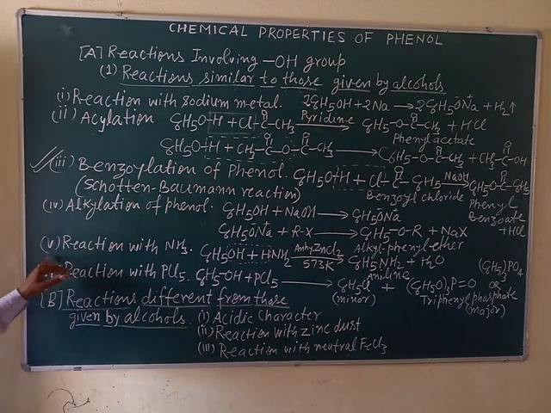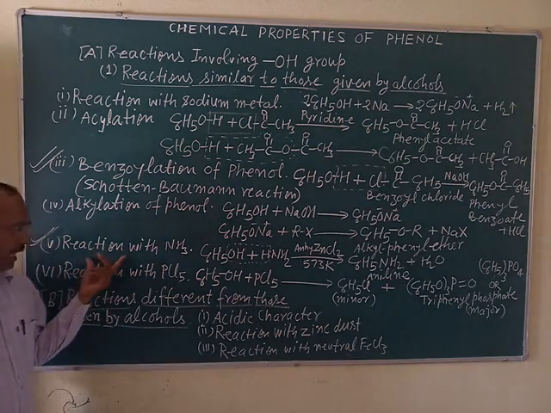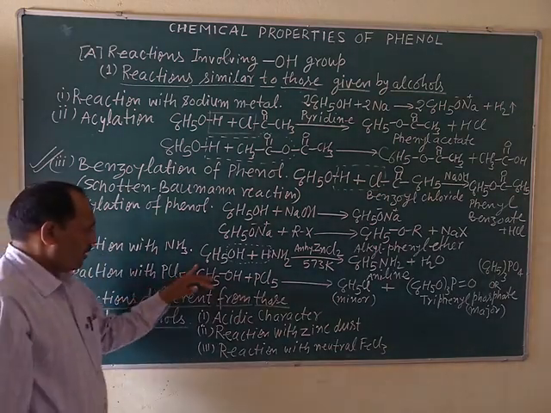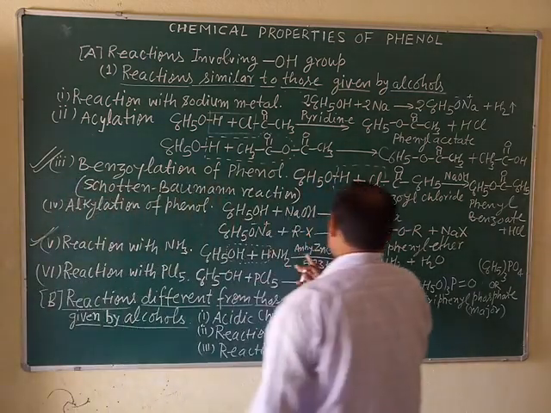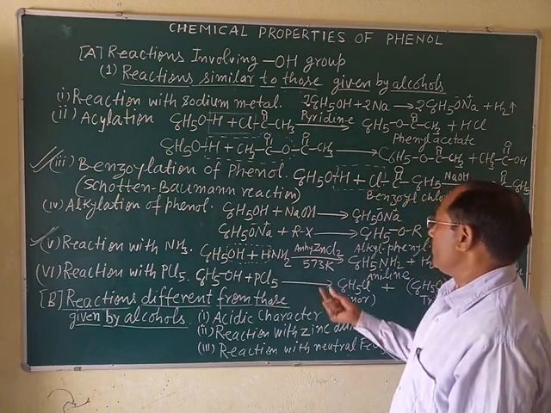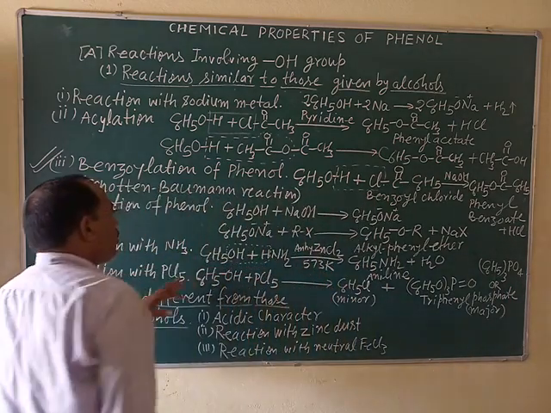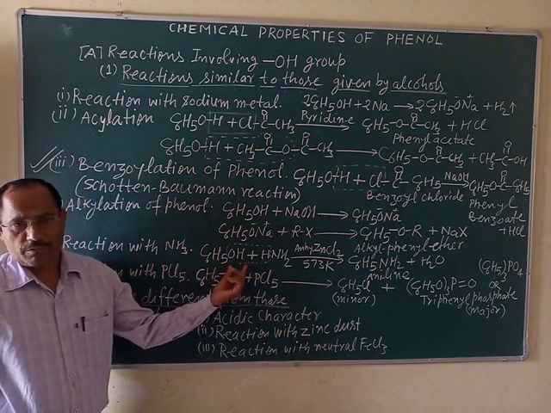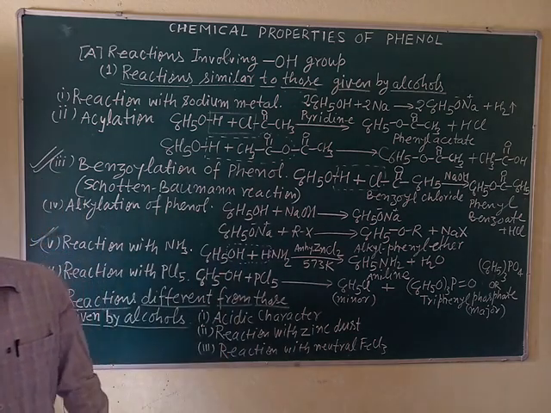Next, reaction with ammonia. It is also a very important reaction. Phenol, when treated with ammonia in presence of anhydrous zinc chloride at 573 Kelvin. Just like chlorobenzene, removal of OH from phenol is not very easy. Due to resonance, the carbon oxygen bond acquires double bond character.